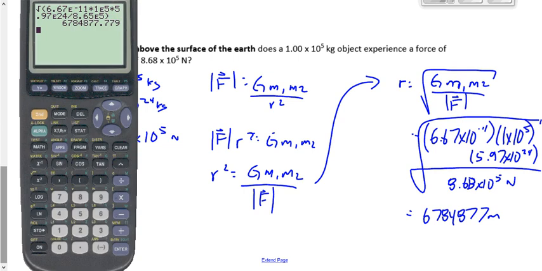Okay, let's try this one last time. The square root of 6.67 times 10 to the minus 11, maybe this time I'll get this right, times 1 times 10 to the 5 times 5.97 times 10 to the 24, divided by 8.68 times 10 to the 5.